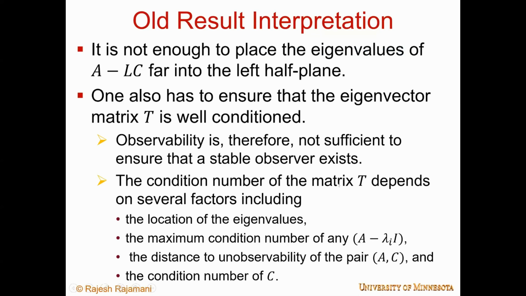The condition number of the matrix T, the eigenvector matrix, depends on several factors, which include the locations of the eigenvalues, the distance to unobservability of the pair (A, C), and the condition number of C. So a number of factors play a role in determining whether or not the observer is stable.